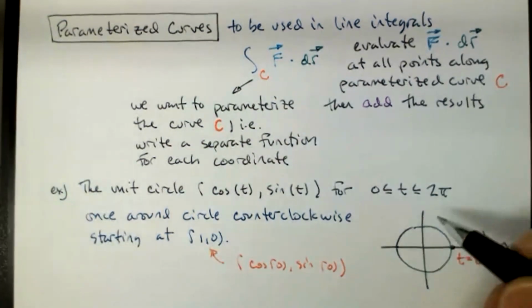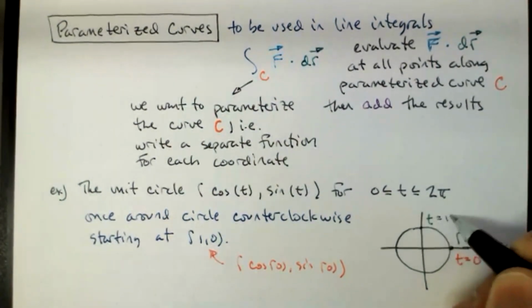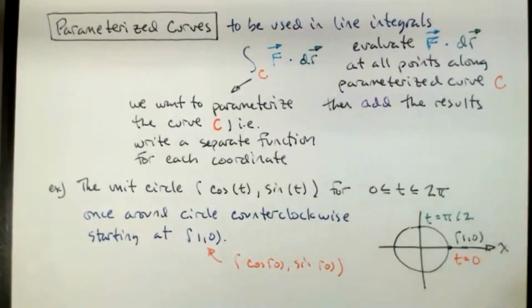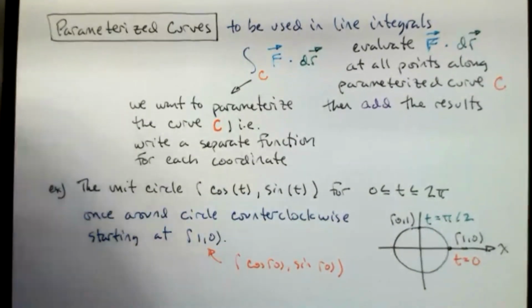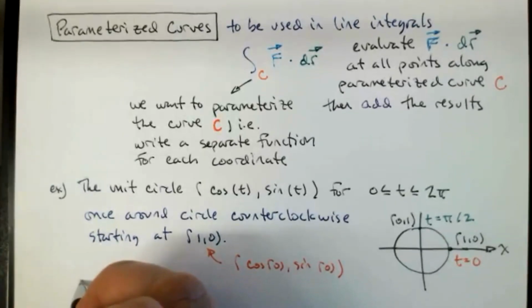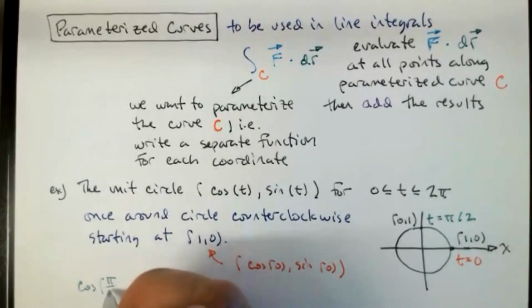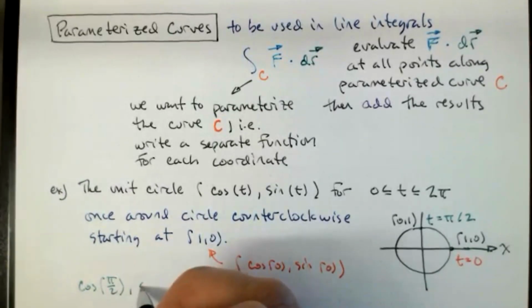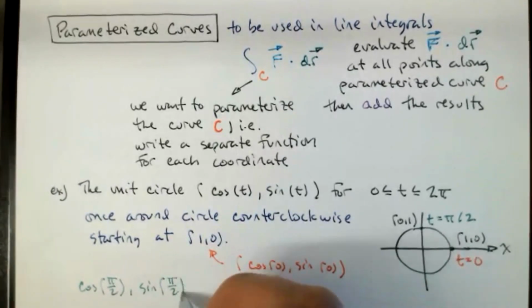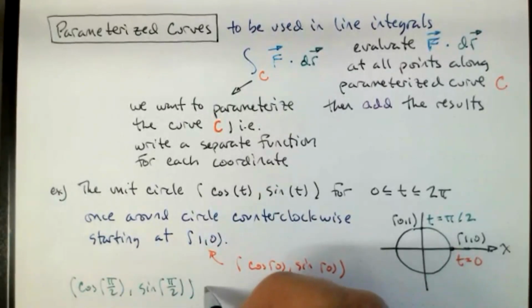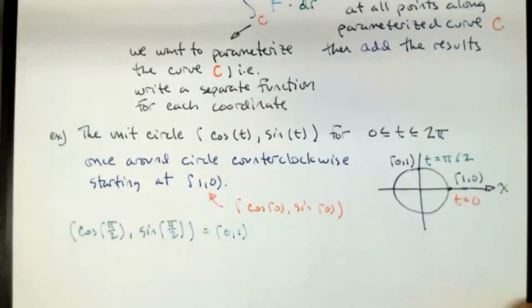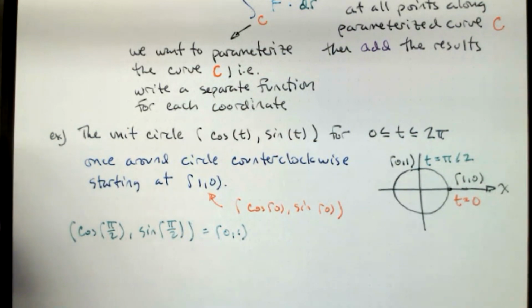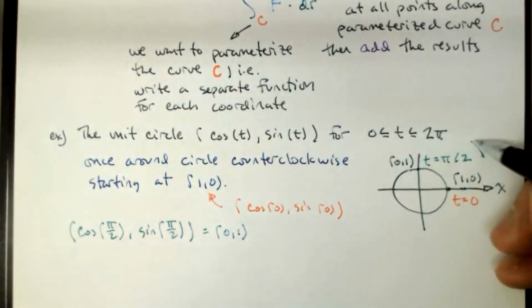At t equals pi over 2, we're at the point 0, 1. That makes sense: cosine of pi over 2 is 0, and sine of pi over 2 is 1. So we can see that we're going counterclockwise around the circle, like we normally do.